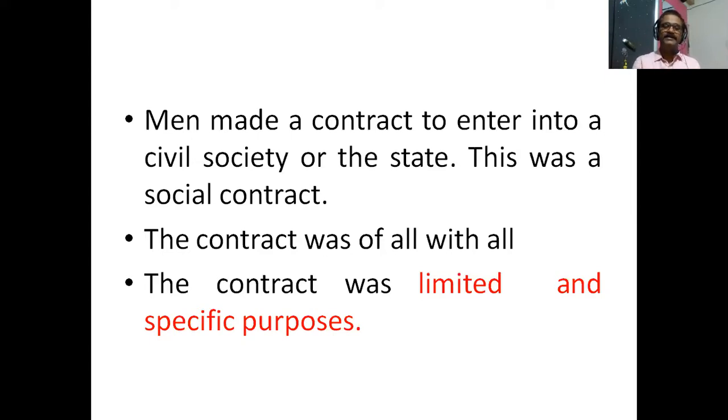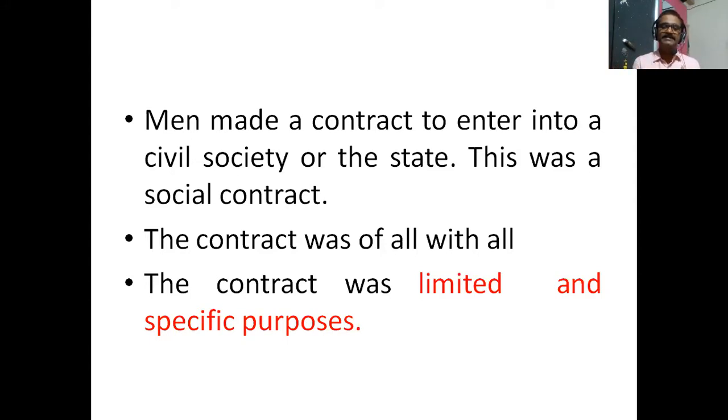The people entered into contract and created a civil society, and that civil society authorized the government to protect those rights. If those rights are not protected, there is no rationale for the existence of the government. So they created a contract. That contract is for a limited and specific purpose.